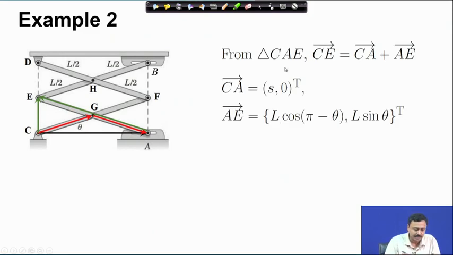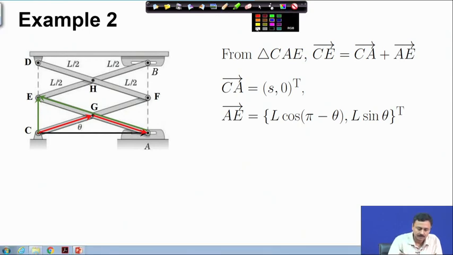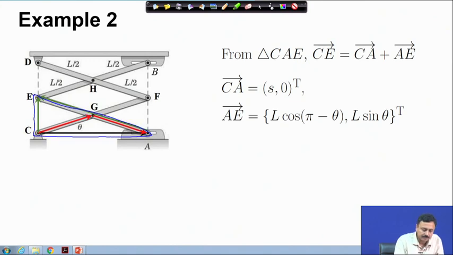From triangle CAE, this triangle, the vector CE must be equal to the vector CA plus the vector AE.